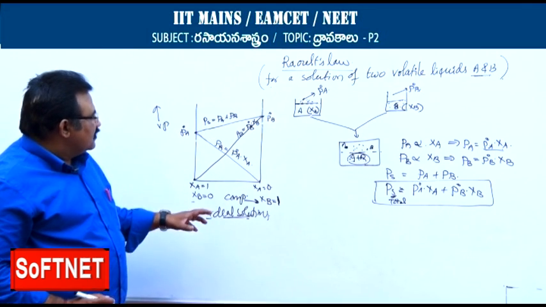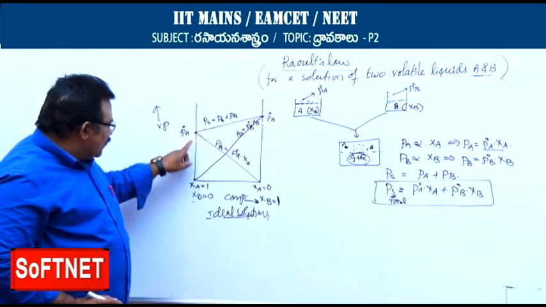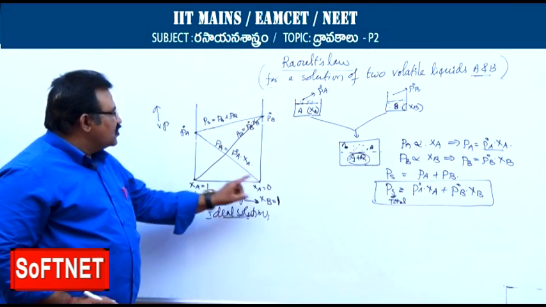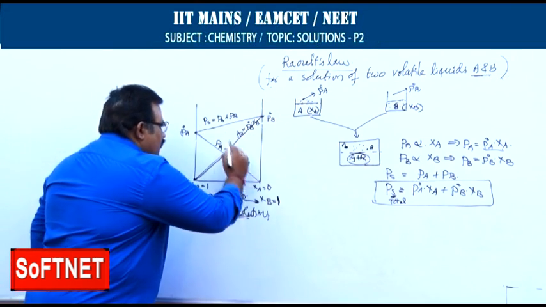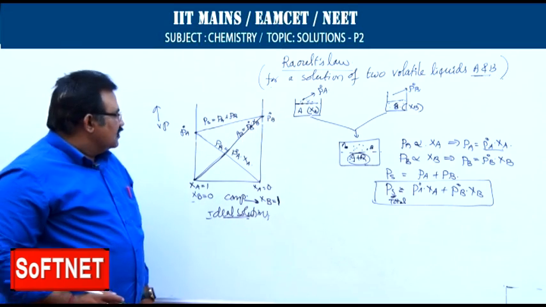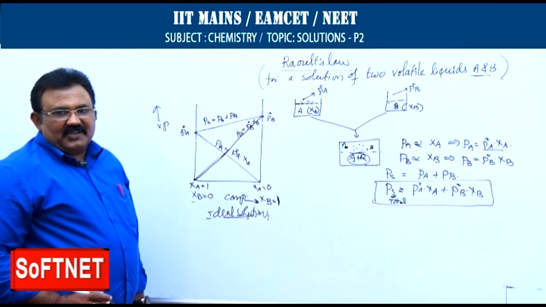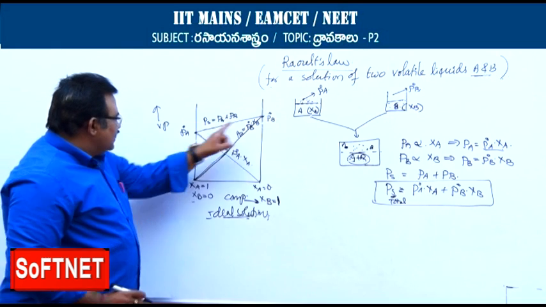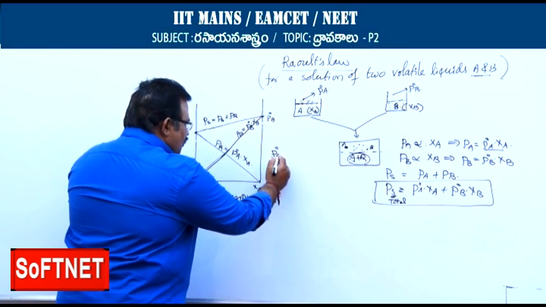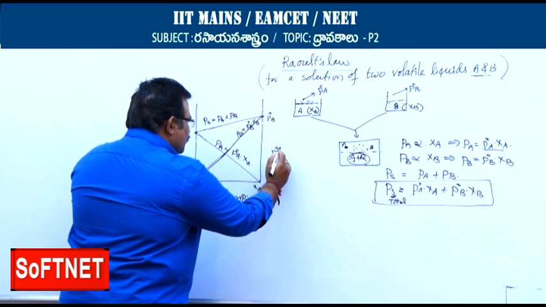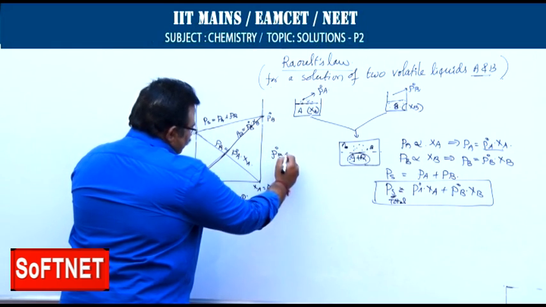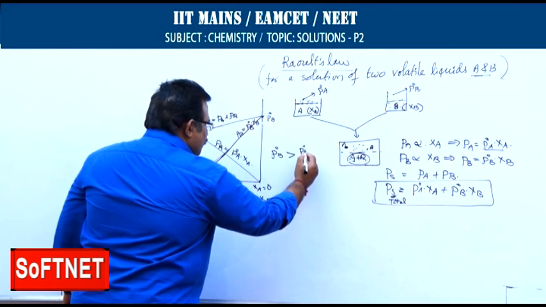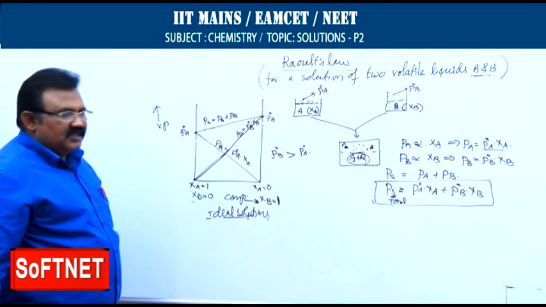Now, if you look at the graph, the vapor pressure of the component is linearly dependent on its composition. Vapor pressure of any component is linearly dependent on its mole fraction. And one more thing, it is clear that in this case, the vapor pressure of B component is more than the vapor pressure of pure A component.